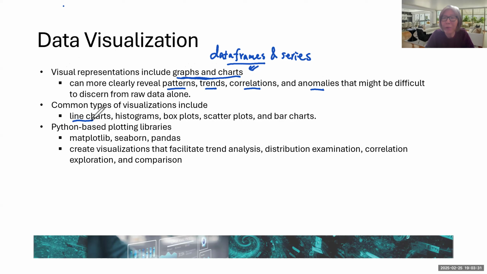In math, we do lines a lot, like a curve, all sorts of curves. Histogram, the box plot, scatter plot, and the bar charts, and some other types of charts or graphs. Those are the common visualization representations.